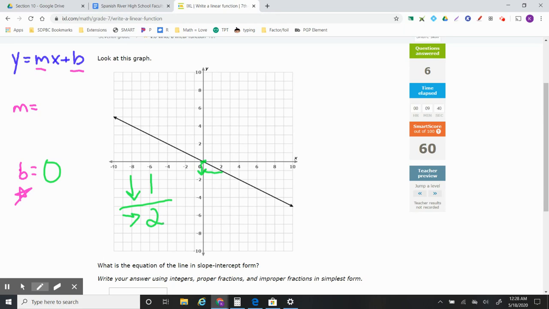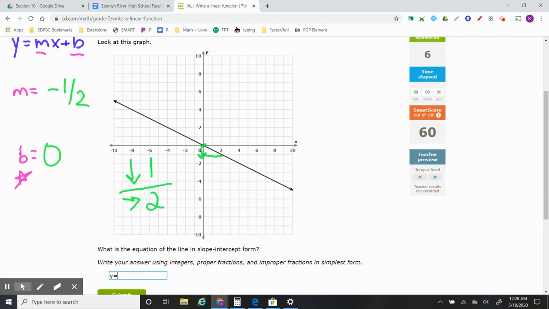So down means minus 1 over 2. So when typing this in, y equals negative 1 over 2 x plus 0. Very, very important: the line is going down, so that means it's going to be a negative slope.